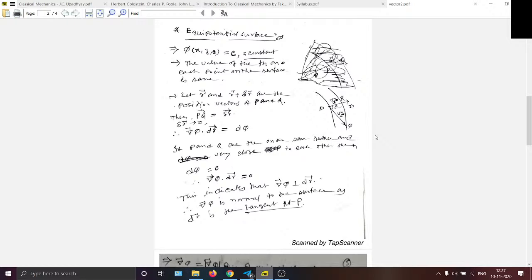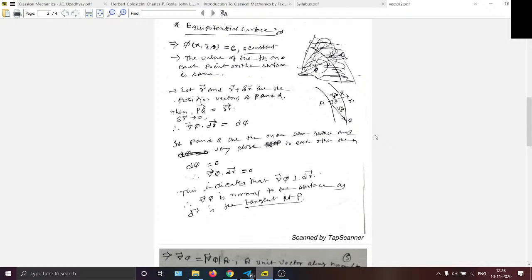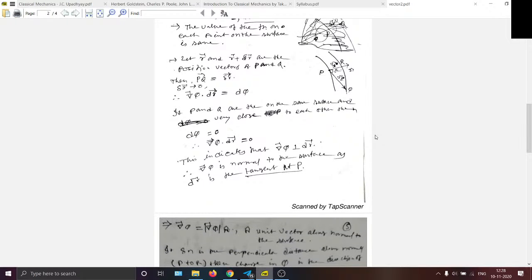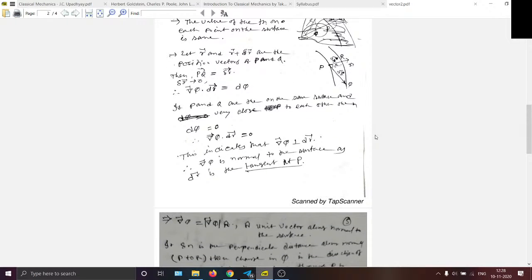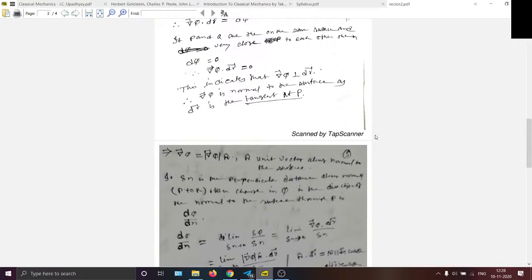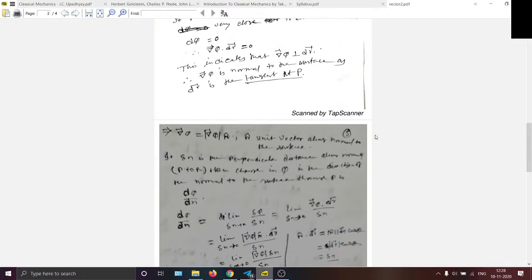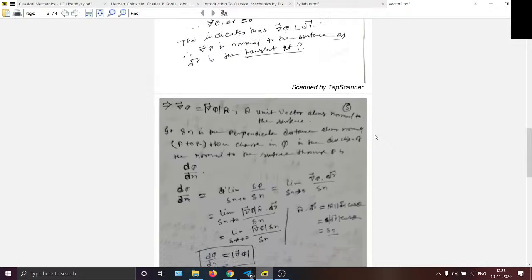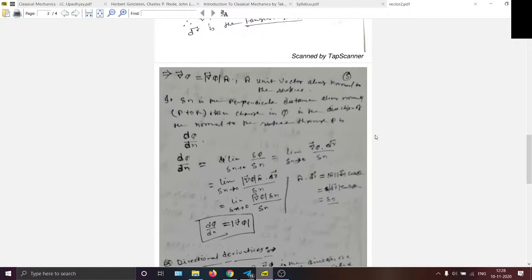Now we can write, let's say I represent the normal by a unit vector, n cap. So come to page 5, the next page. Grad phi is a vector, I can write it as mod grad phi times n cap, where n cap is the unit vector along the normal to the surface.